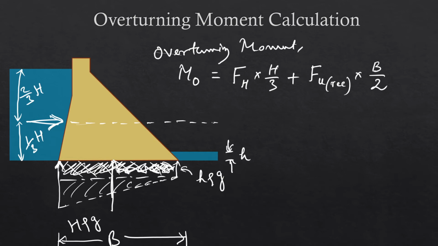Then for the triangular part, we'll take the force Fu triangle and we'll multiply that with the distance, which will be, because it's a triangle, acting at a distance 2/3 of B from the toe.